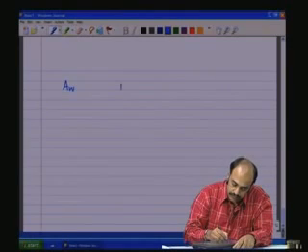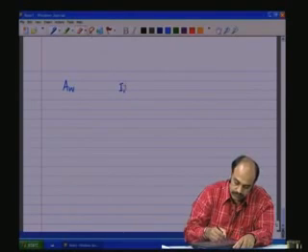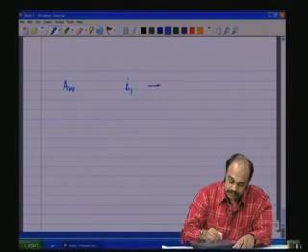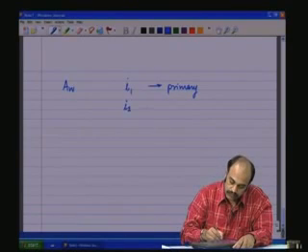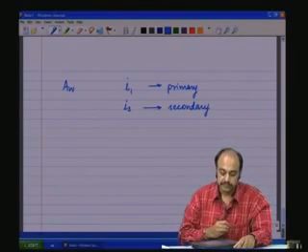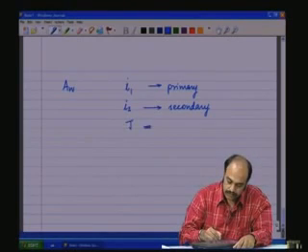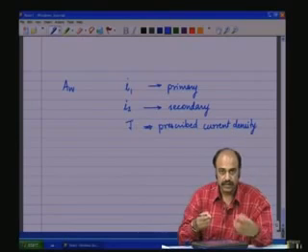And therefore, if we have I1 as the current flowing through the primary and I2 as the current flowing through the secondary, and let us say that J is the prescribed or the recommended current density that can be allowed in the copper.